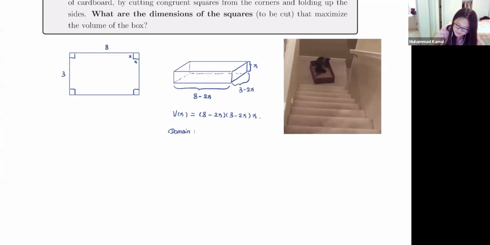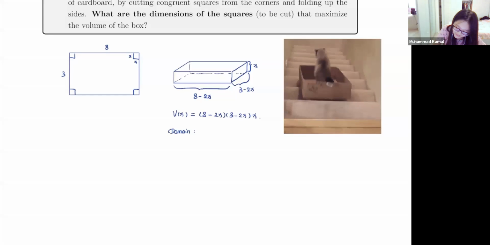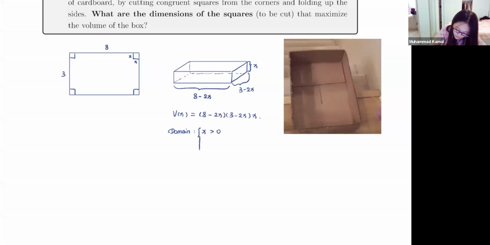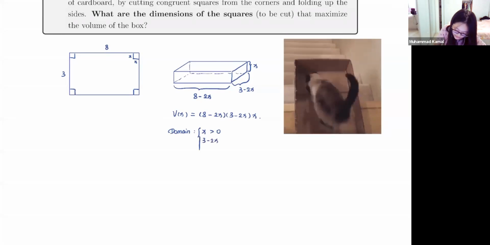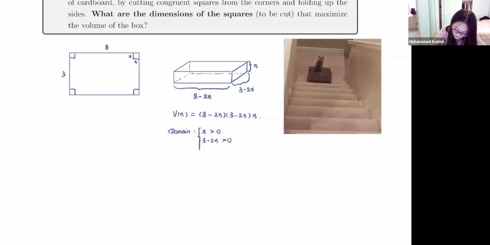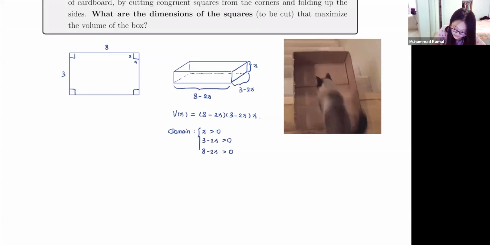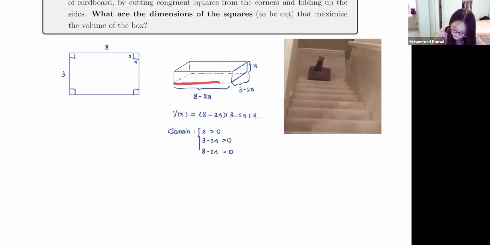Well, we know x has to be greater than 0. We know 3 minus 2x has to be greater than 0. And we know 8 minus 2x has to be greater than 0, because all those lengths cannot be negative.